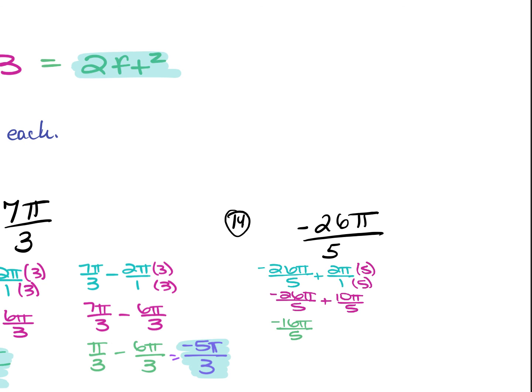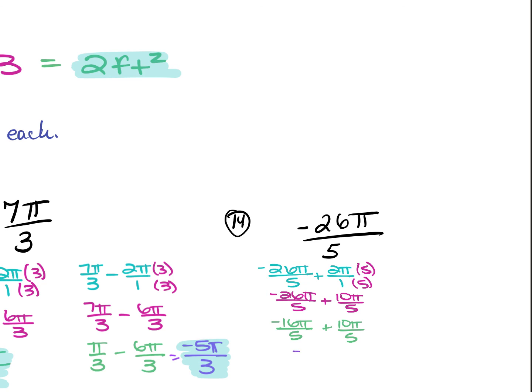That is not a positive radian. So you can literally take this negative 16 pi over 5 and tell me that that is one of your negative coterminal angles. That's fine. So you wouldn't have to subtract the 2 pi over 1 from it. But if you want to keep going with this, which we do because we want to find a positive coterminal angle, we're going to add that 10 pi over 5 again.